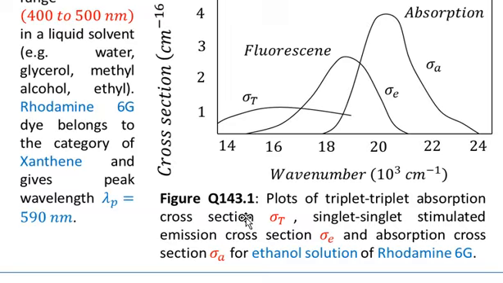Let's discuss figure number 1. The caption of the figure is plots of triplet absorption cross section, sigma T, singlet stimulated emission cross section, sigma E, and absorption cross section, sigma A, for ethanol solution of rhodamine 6G.